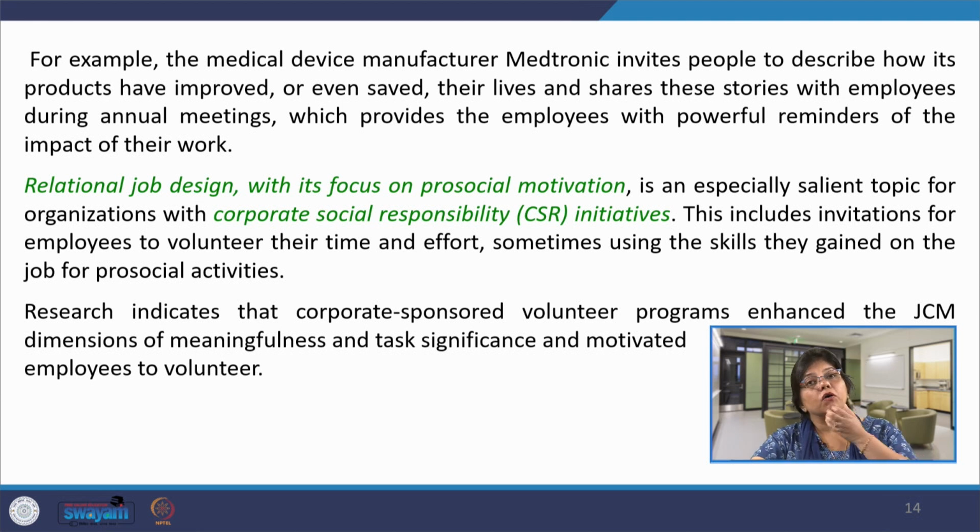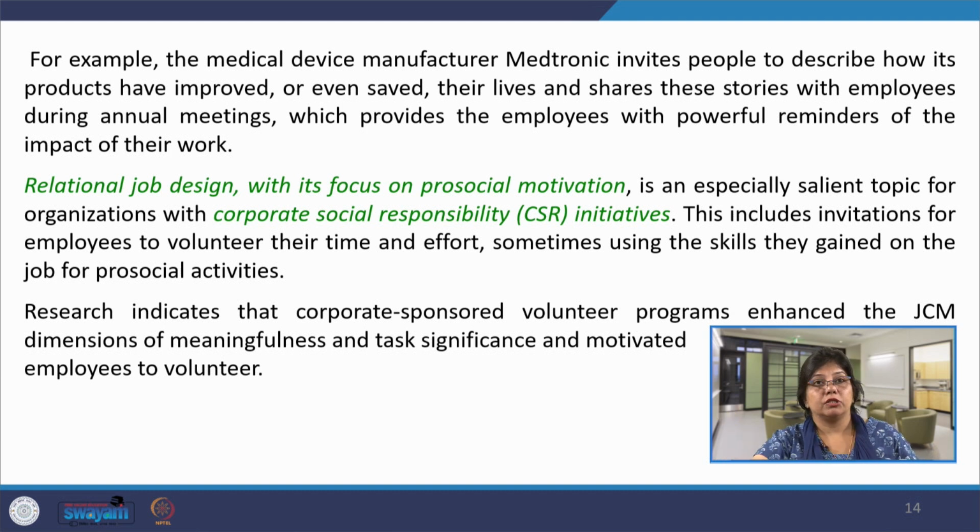So, this kind of job redesigning is ultimately about what you can offer to the society and to the external world through your job. Not engaging in any other activity, but engaging more in your job so that the impact is more powerful outside the organization.